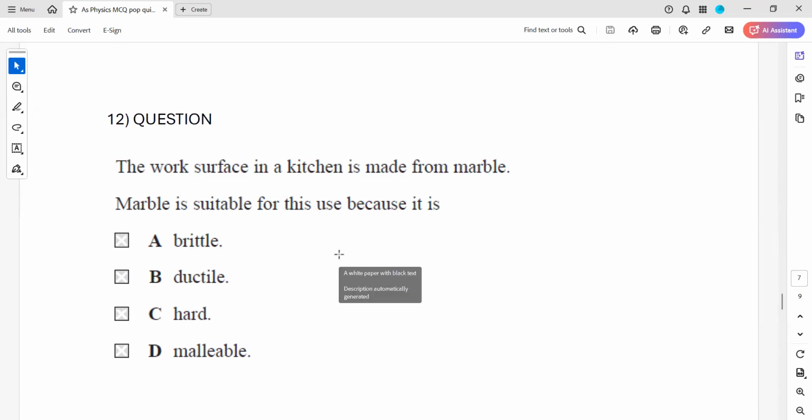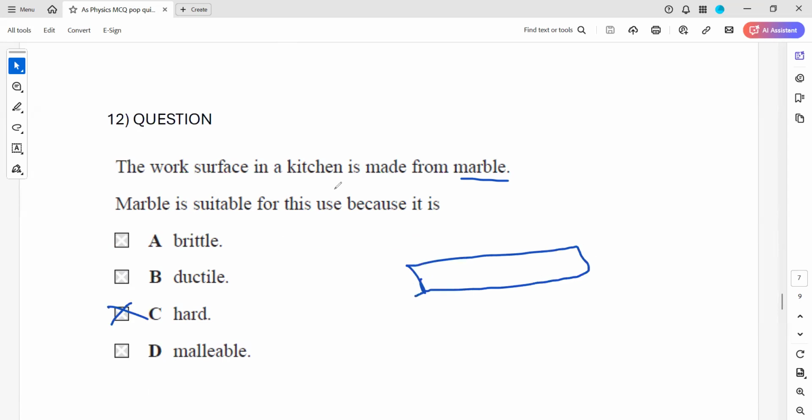In question 12, the work surface in a kitchen is made of marble. Why is marble suitable? Because it cannot deform. The surface of the kitchen is usually made up of marble. What is the characteristic of marble? Its surface is very hard. It does not deform. So C is the right answer.